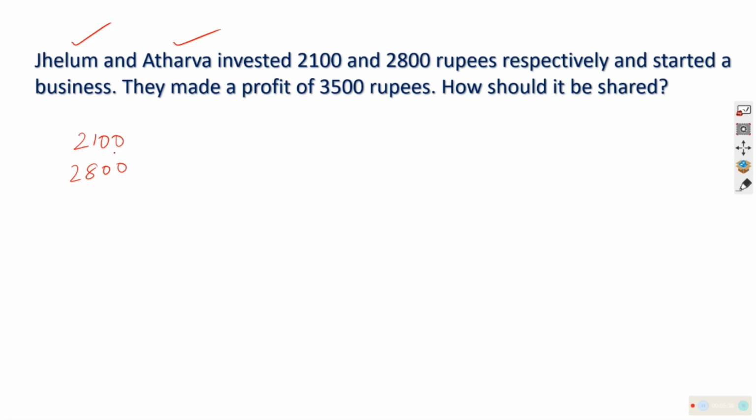So there is a relationship between these two amounts. We can write the relationship as 2,100 is to 2,800. Ratio means you can write it in the form of 2,100 upon 2,800. You can convert that into the simplest and smallest ratio by cancelling the common factors.